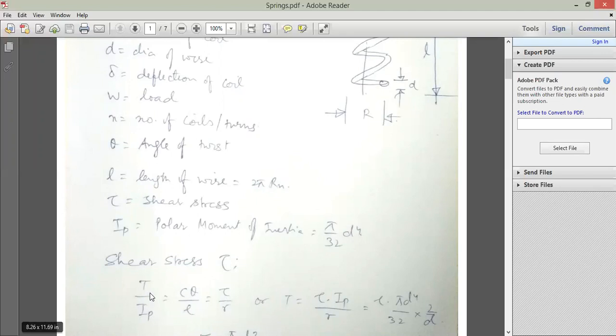So combining the first and last, we get torque equals tau into IP divided by R.